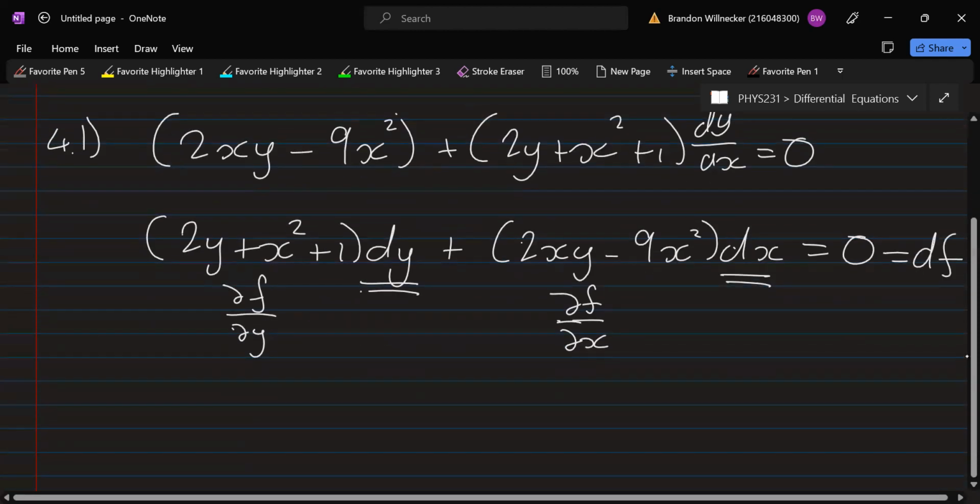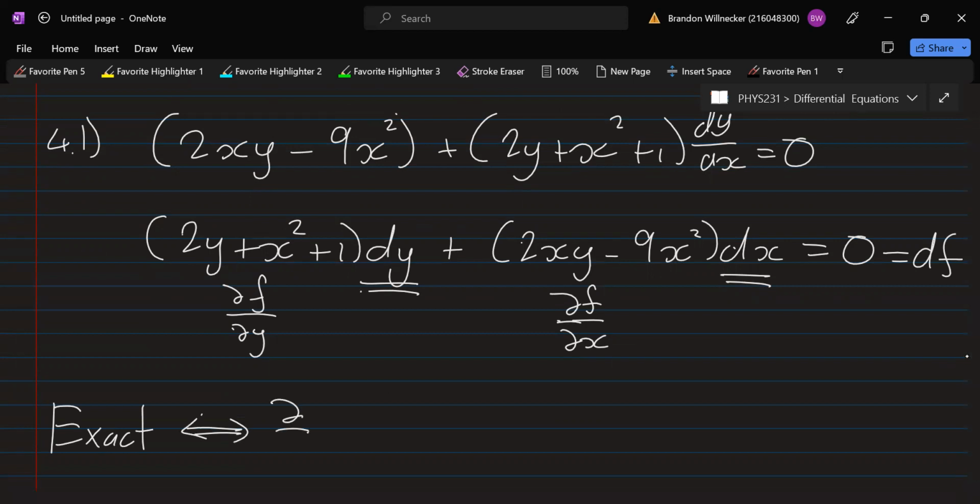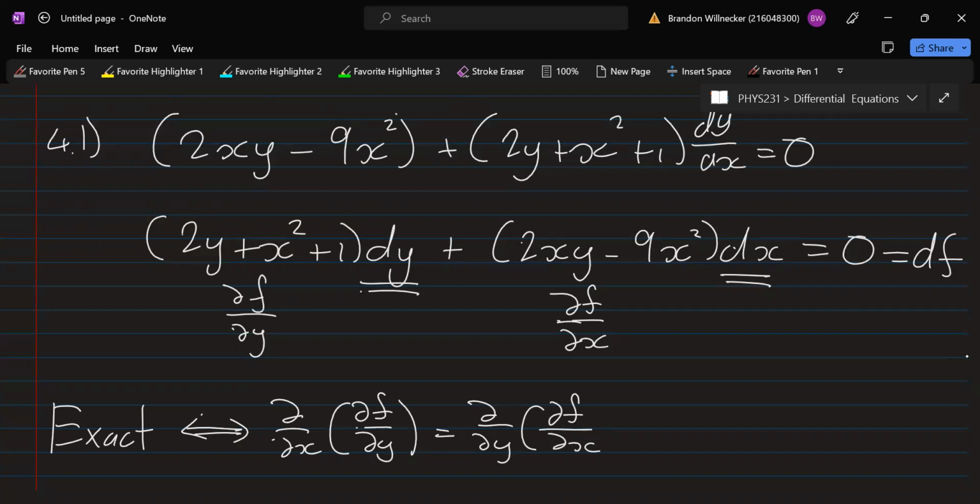Now, we know that if we have df by dy and df by dx, then the mixed derivatives will be equal. So this is exact if and only if d by dx of df by dy is equal to d by dy of df by dx.